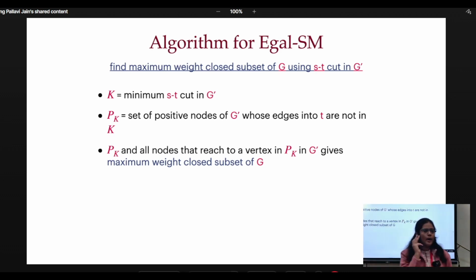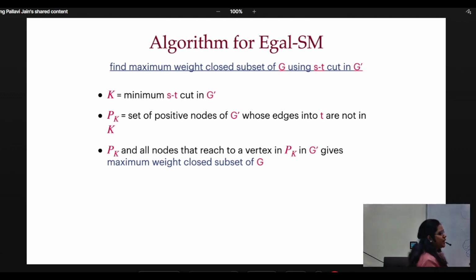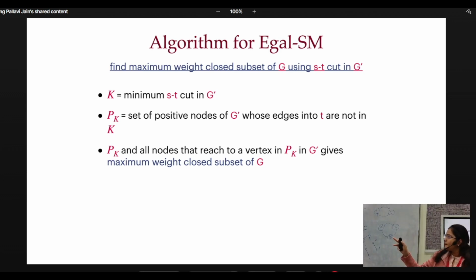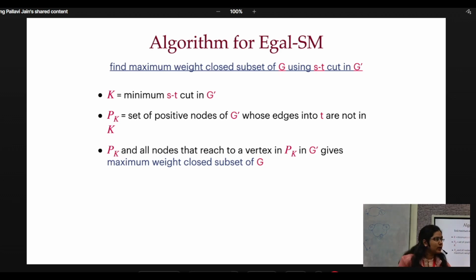We know that from every positive node we have an arc to T. So PK is basically the positive nodes which are in the same set that contains T. For the other positive nodes, you will have an arc. But we need to worry about the closed set, right? So you take PK and all the nodes that reach a vertex in PK in G prime. Let us understand using an example.